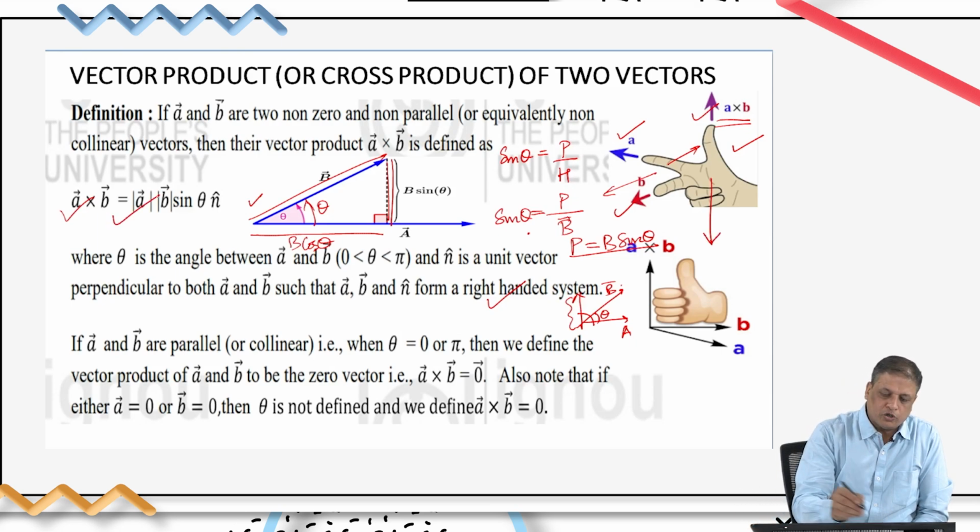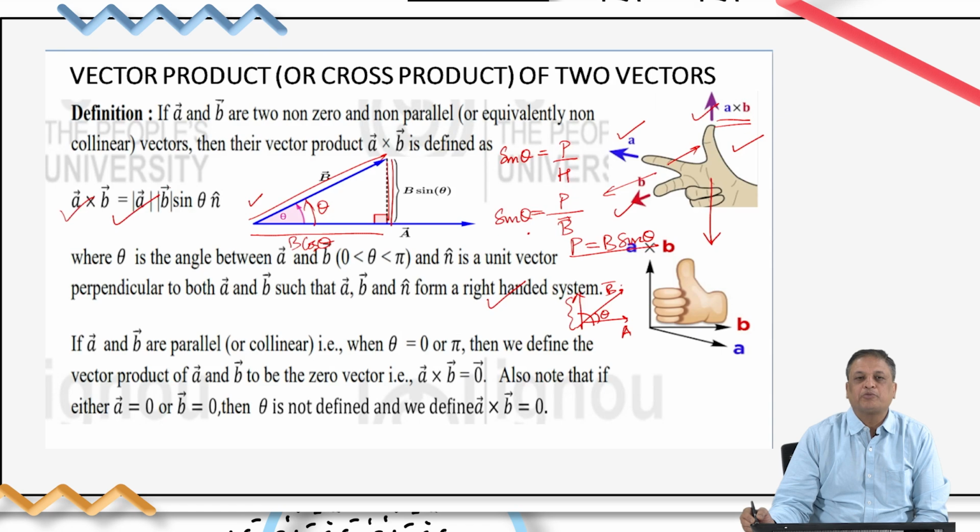So, the mathematical expression for A cross B is magnitude of A into magnitude of B into sine theta, where A and B are two non-zero and non-parallel vectors. They are not collinear. And n is the unit vector.